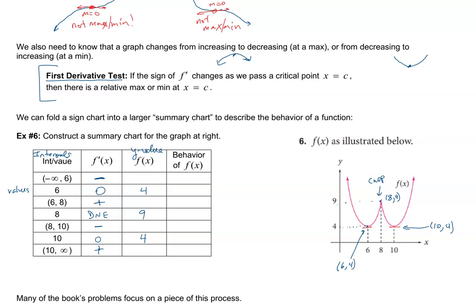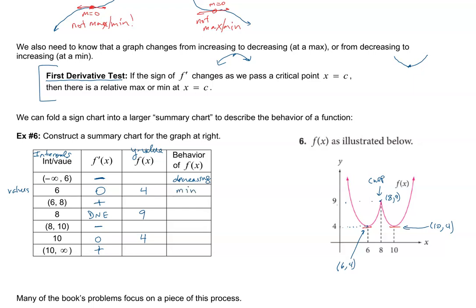And then as far as the behavior of f, we're going to go back to some of the vocabulary that we had at the beginning. So when we have a negative first derivative, when the graph is going down, the word that we use is decreasing, or just d. Then the graph hits that point at 6, 4, and you can see that it's a low point. And our word for that is minimum, or min.